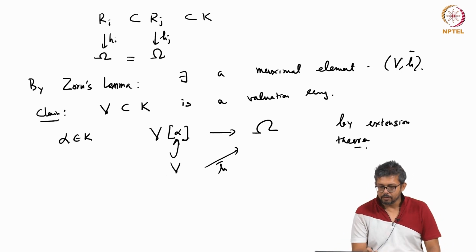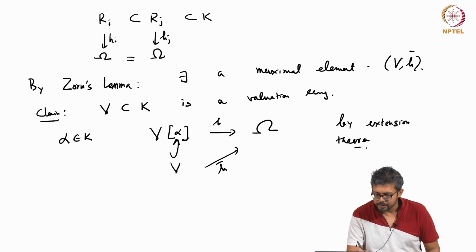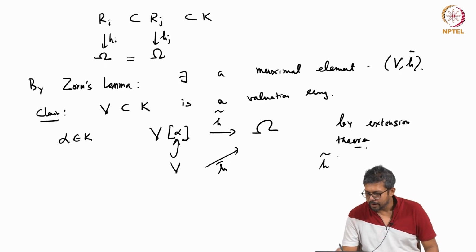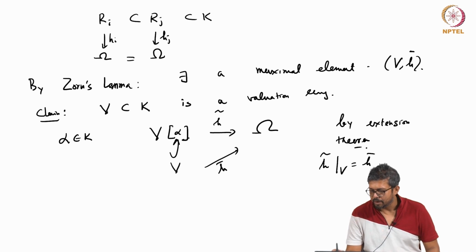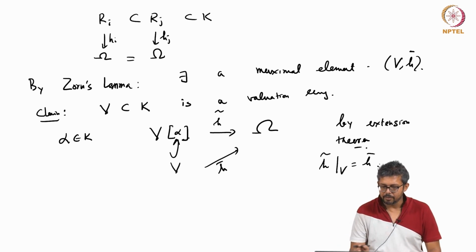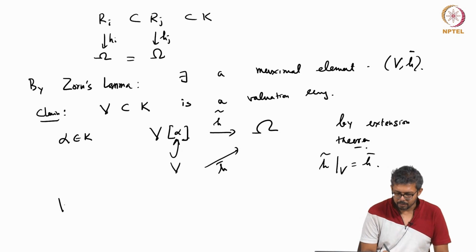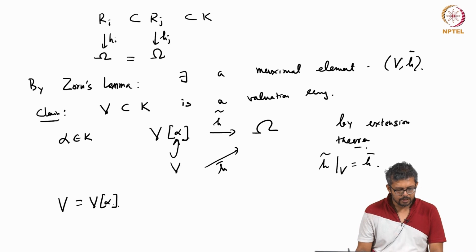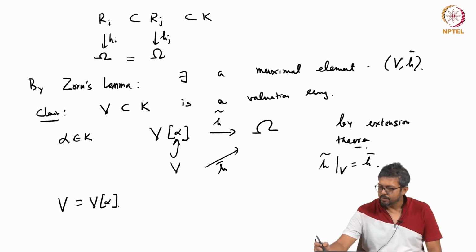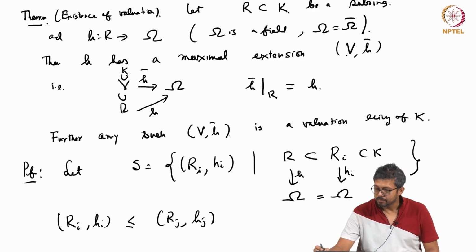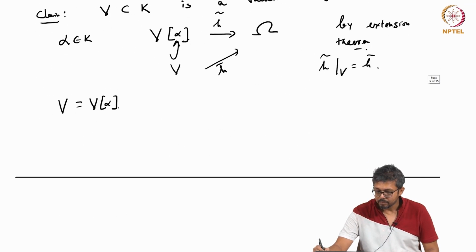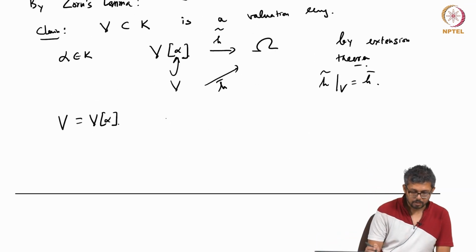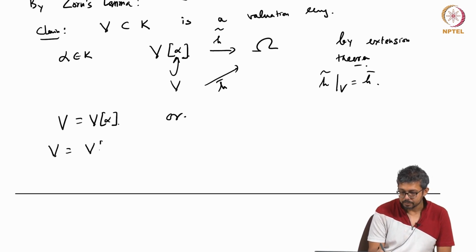But V is contained in V alpha, and when the extension, so if I call this H tilde, by definition H tilde restricted to V is nothing but H bar, right. So, now by maximality V equals V alpha, but V equal to V alpha will say V equal to V alpha or V equal to V alpha inverse.